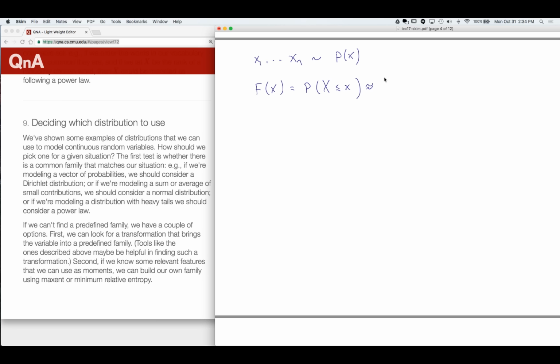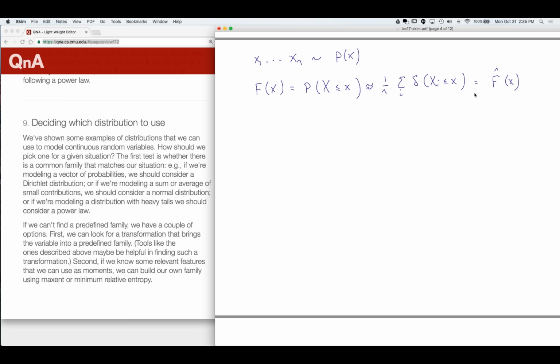So that's the 1 over n sum over i of the indicator of xi less than or equal to x, right? So this here, we're going to call that F hat of little x, right?